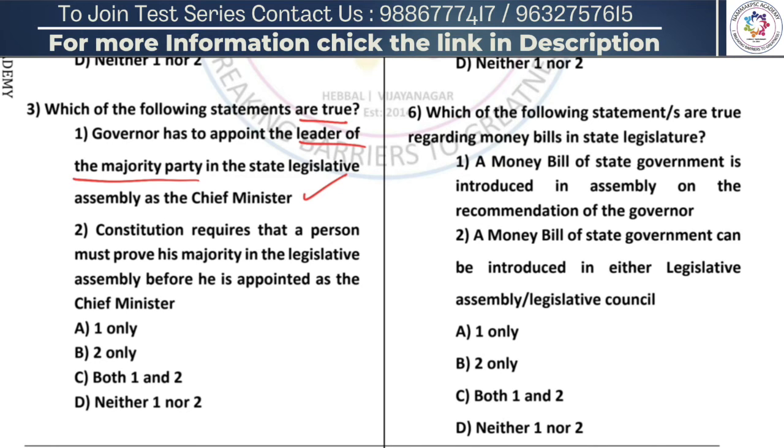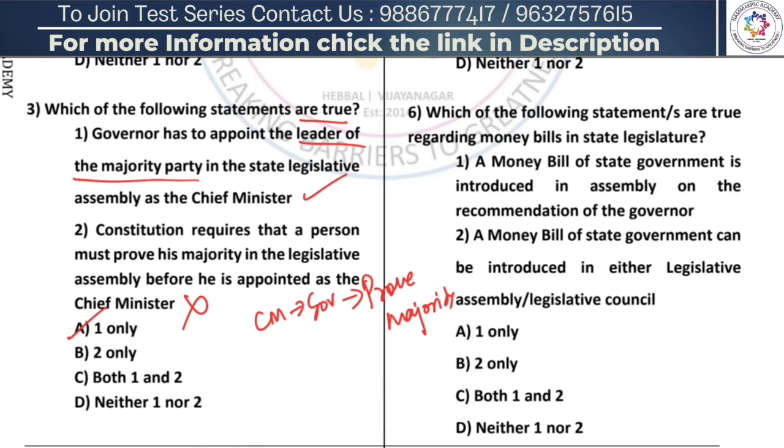And if you have a look at statement 2, it is not required that the person must prove his majority in the legislative assembly before he is appointed chief minister. He can be appointed CM by governor, after which he is given time to prove majority. So statement 2 is wrong here. So the right answer here is going to be option A, 1 only.